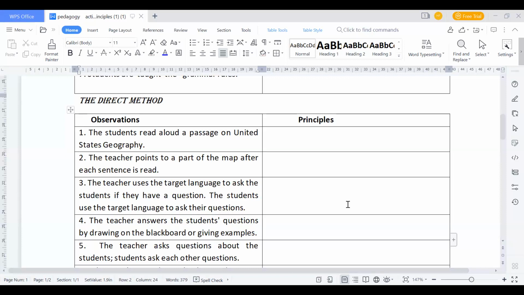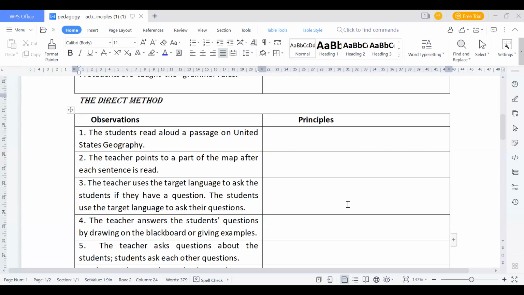I'll explain it further: because L1 is prohibited, the teachers have to use realia and visual aids in the classroom. Students are given opportunities to see and hear, because otherwise you would have to use L1. So visuals and realia are very important in getting them to understand the meaning. Very good.